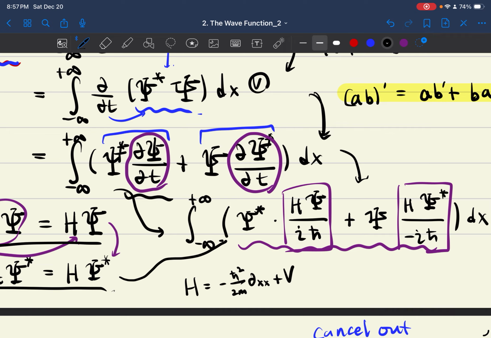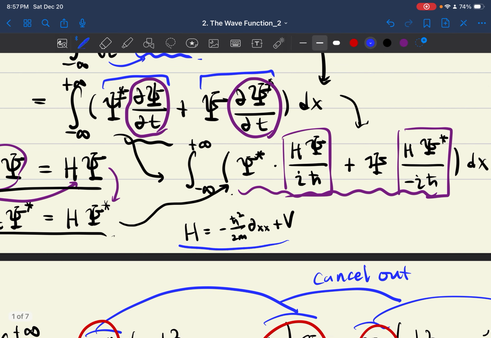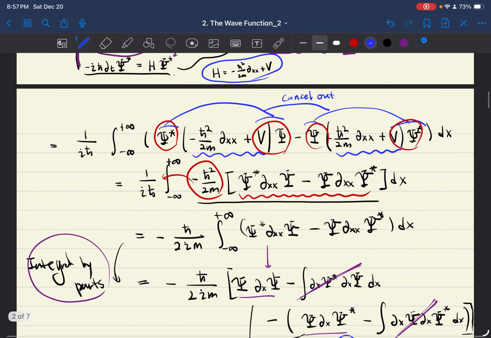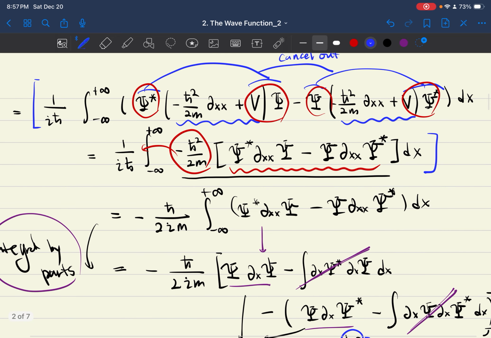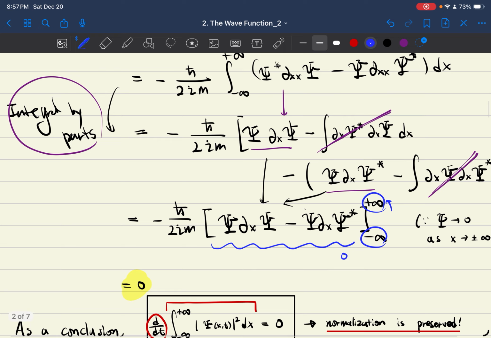You just plug in like this, and note that H was the Hamiltonian operator. The boring calculation is going on, and then we finally get this step.